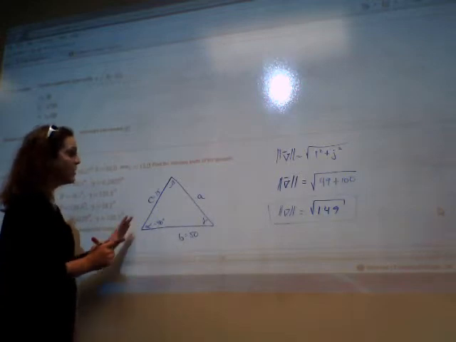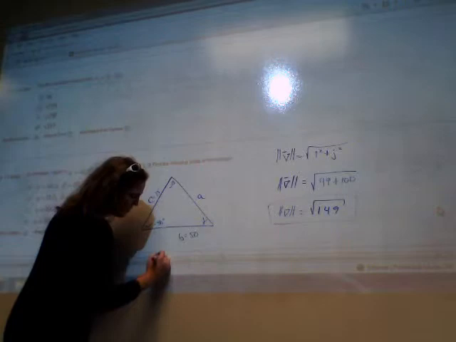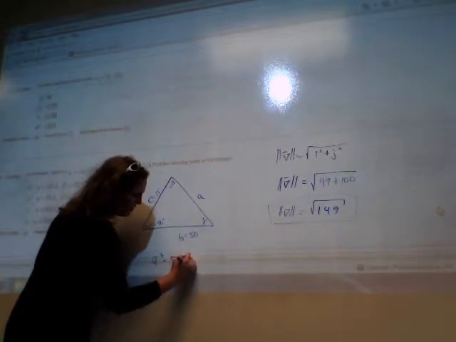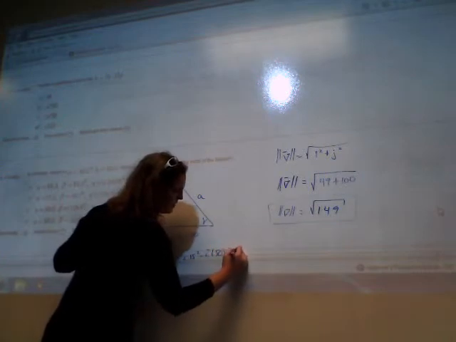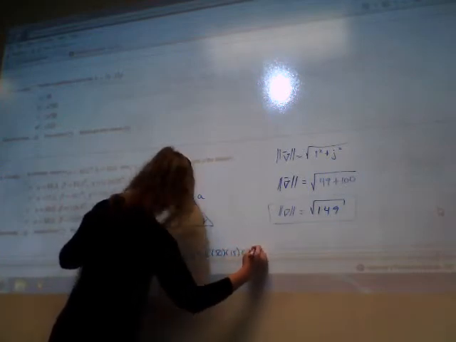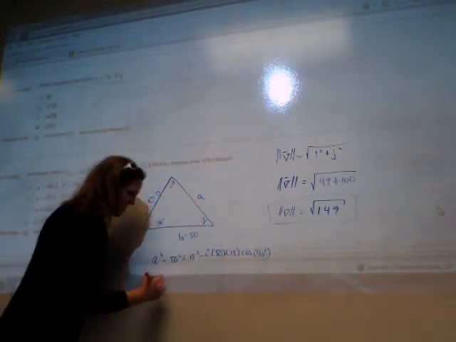So we need to find a first. That's what law of cosines is going to give us. So we have a squared is equal to 50 squared plus 15 squared minus 2 times 50 times 15 times the cosine of 40 degrees. All right, and who wants to tell me what a is equal to?